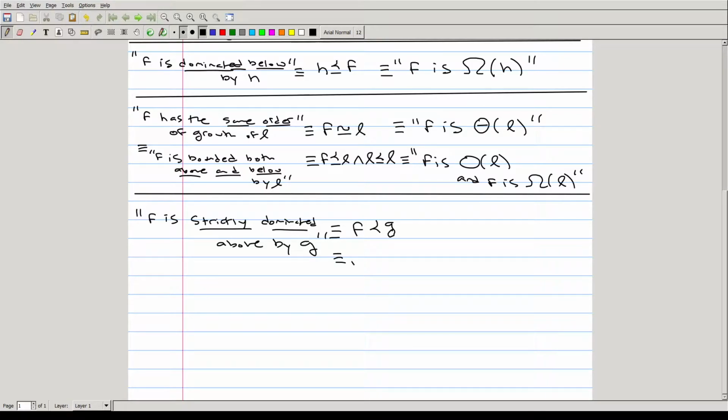This is the same thing as saying that f is dominated above by g and the negation of the statement g is dominated by f. Or in the Landau notation, this is f is big O of g and f is not big theta of g.